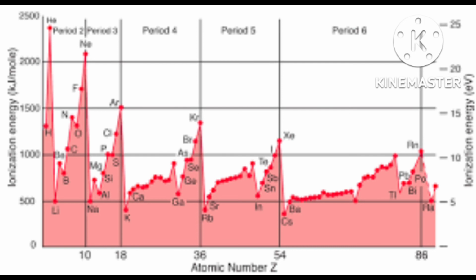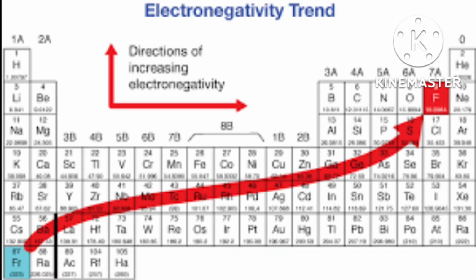I will tell you approximate electronegativity values of a few elements on the Pauling scale. In the second period, from lithium to fluorine: lithium 1.0, beryllium 1.5, slowly increasing towards fluorine.